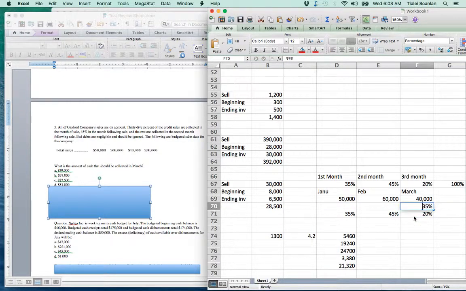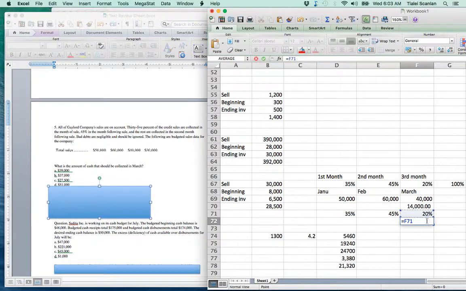So if we were to do a calculation, so 1 times it by 35%. Oh, we're in percentages, that's why it's not working. 14,000.